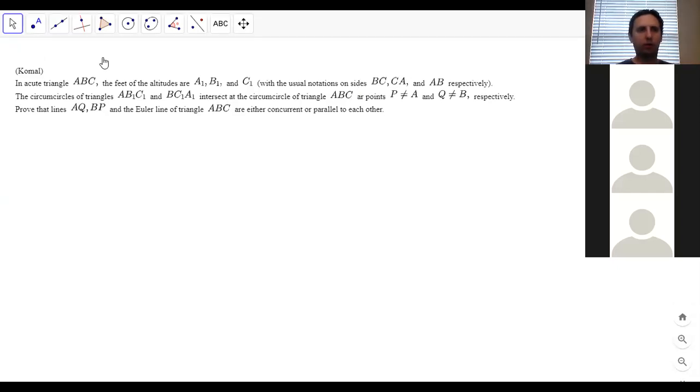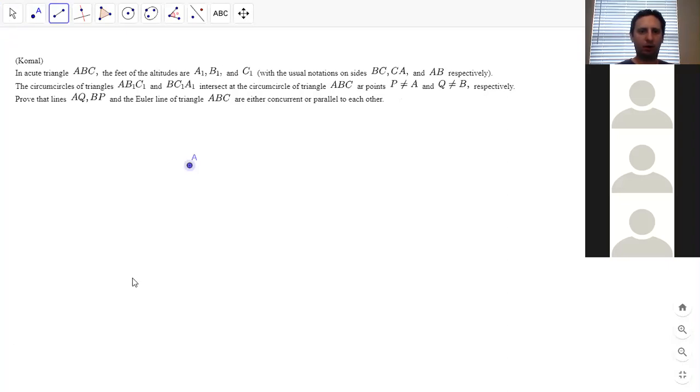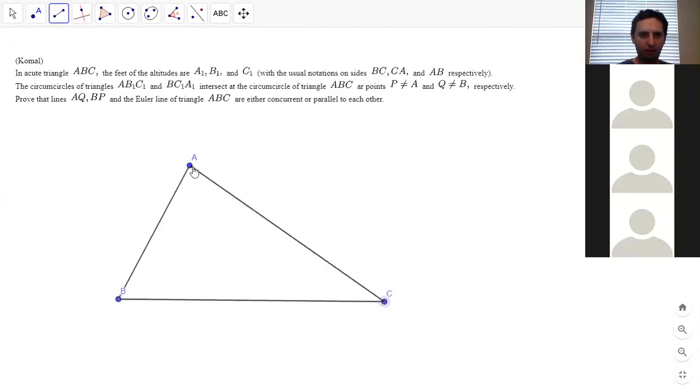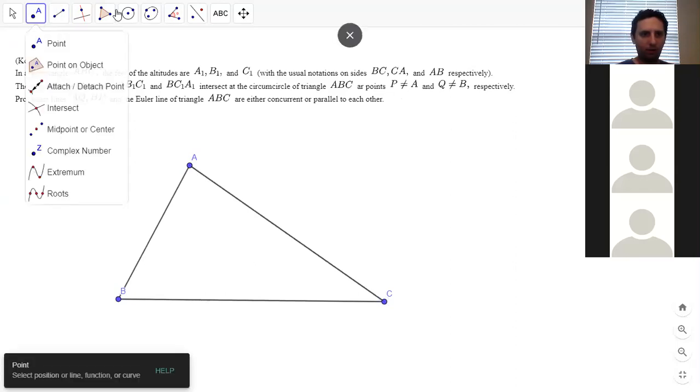All right, so we have a triangle ABC. The feet of the altitudes are A1, B1, C1, and then okay.